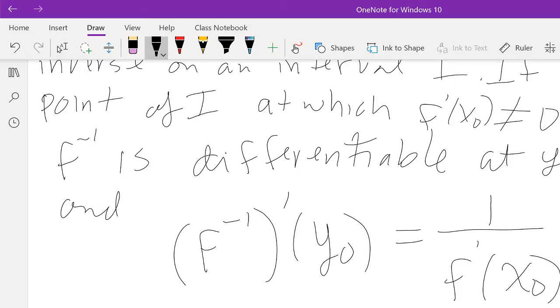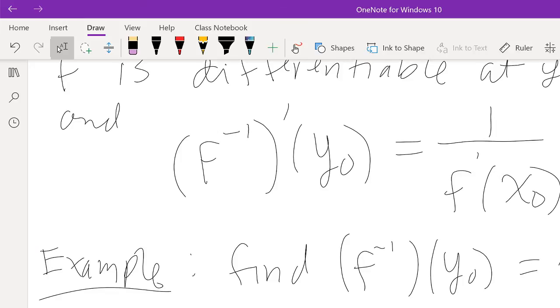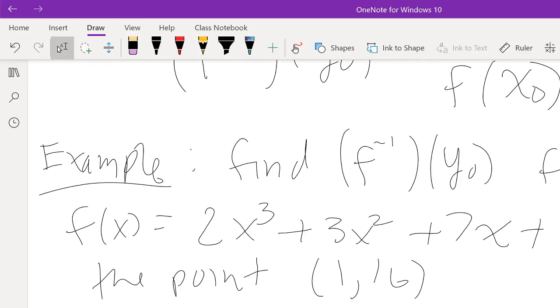Okay, so find the derivative of f inverse at y naught for the function f of x equals 2x cubed at the point 1, 16.